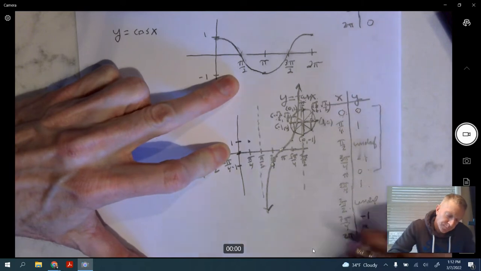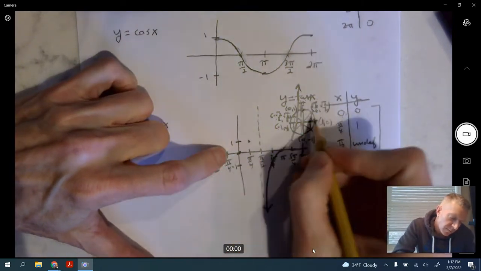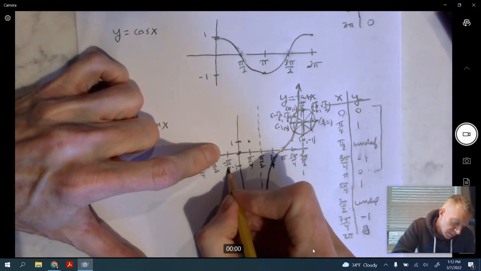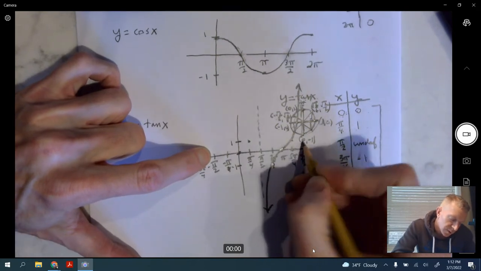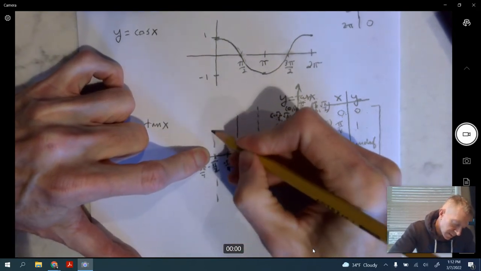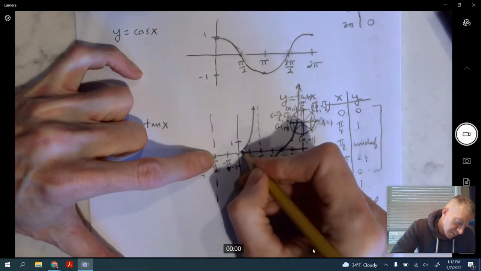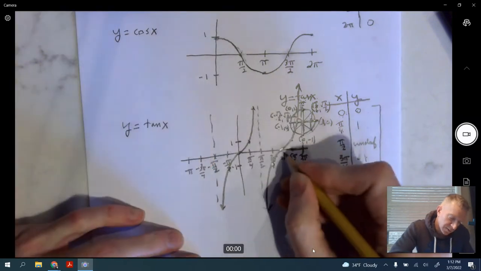But at negative pi over 4, down here we have a value of negative 1. And at negative pi over 2, that's going to be the negative 1 over 0. That's undefined. Okay. And this is what your tangent function looks like.